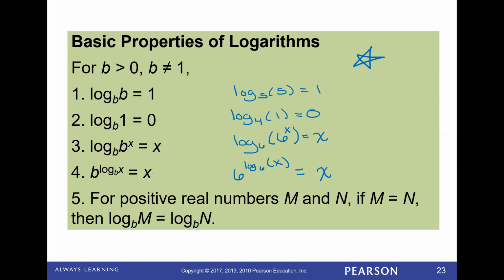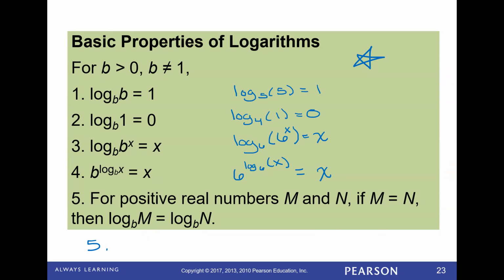Okay. Now down here, a really simple one is just basically if I have a log on both sides, and as long as these share the exact same base, then we can basically say the insides are equal. Now on number 5 here, we normally write it a slightly different way, and I'm going to write it the way most people write this down to keep it memorized instead of writing it as this big formula.